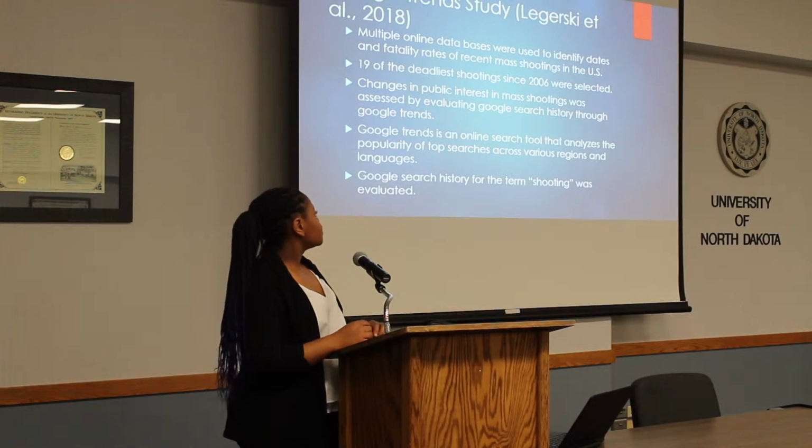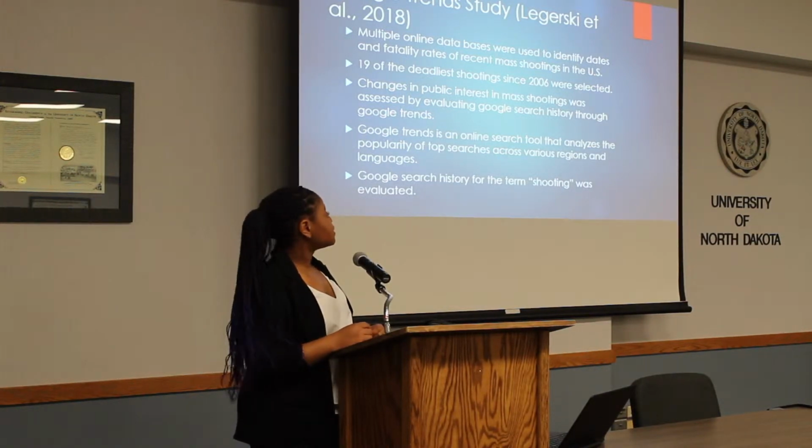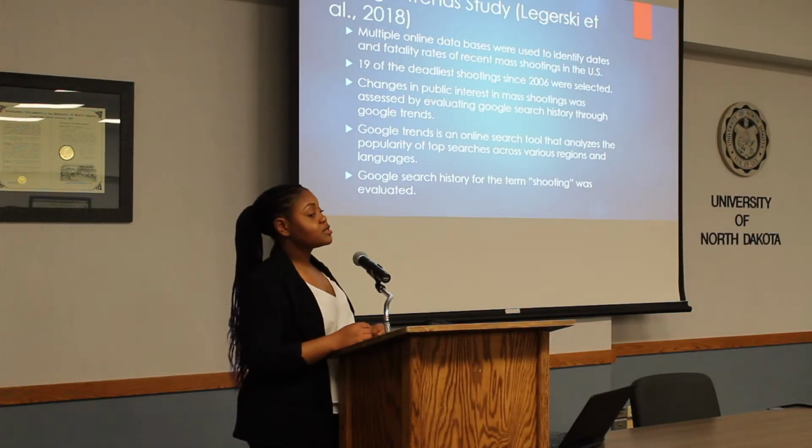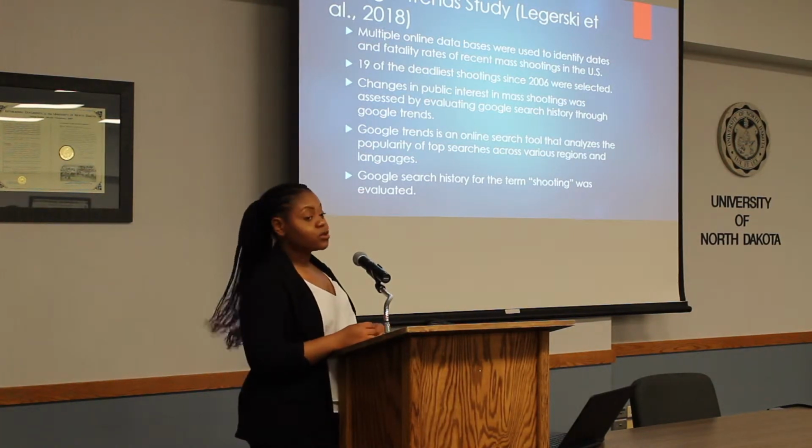So they used multiple online bases to identify dates and fatality rates of recent mass shootings in the U.S. And then 19 of the deadliest shootings since 2006 were picked for this study. Changes in public interest in mass shootings were assessed by evaluating Google search history through Google Trends.